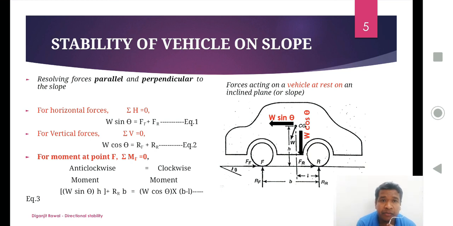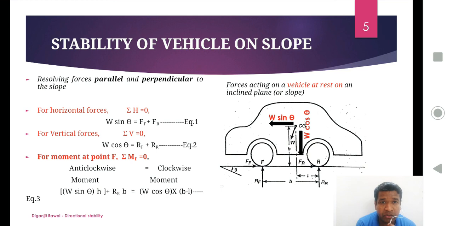For moments at point F, summation MF is equal to 0, anticlockwise moment equals clockwise moment. W sin theta gives an anticlockwise moment, as well as the reaction at the rear wheel RR.